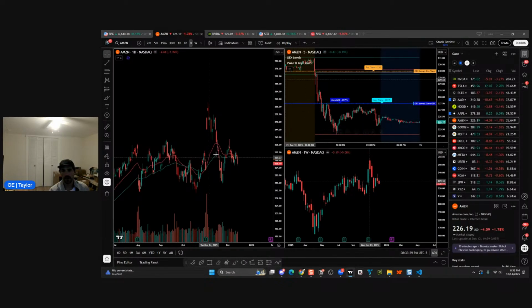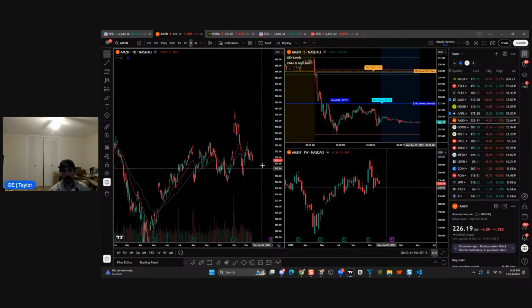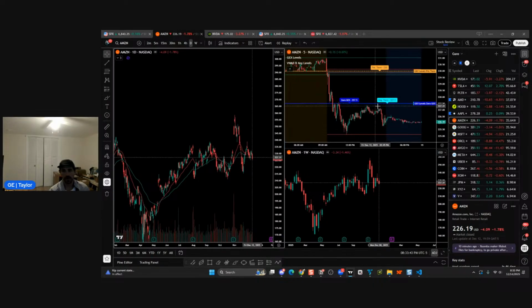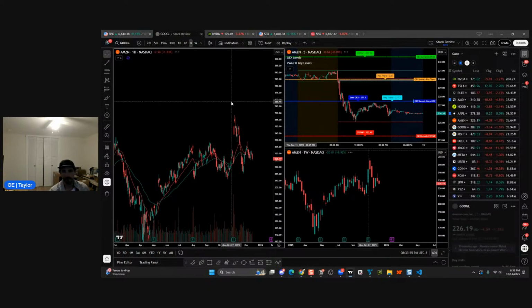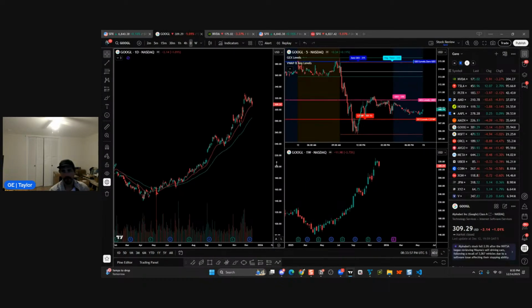Amazon, another name that looks pretty brutal here, right? Lower lows, lower highs, below the transition zones, all that good stuff. So yeah, most of the Mag 7 components we've looked at right now do not look very good. Google, this thing's been on a tear lately.